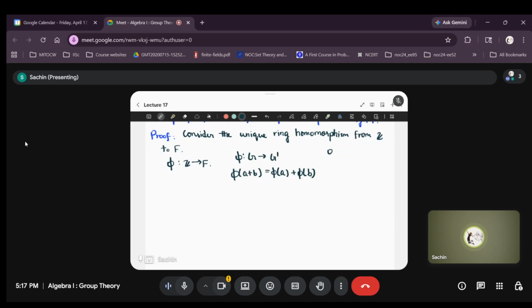A ring homomorphism is a function from one ring to another ring such that phi of a plus b is equal to phi of a plus phi of b, phi of ab is equal to phi of a times phi of b, and phi of 1 in the ring R is equal to 1 in the ring R prime. So this is a group homomorphism, this is a ring homomorphism.